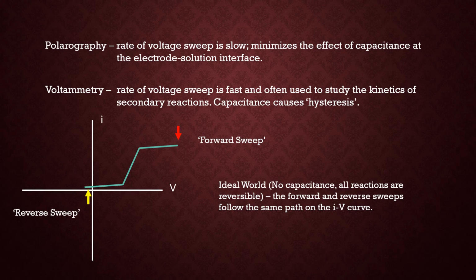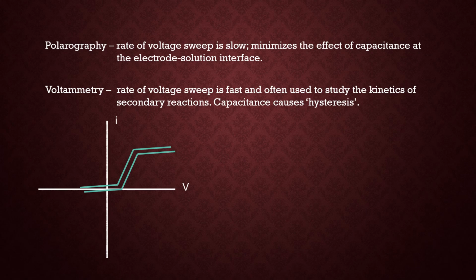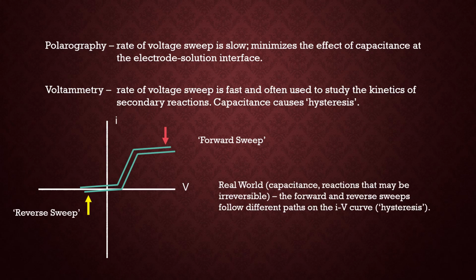The electrode reactions are reversible, and so the forward and reverse sweeps trace over the same current and voltage. There's no gaps, there's no funny business going on. On the other hand, if I have a capacitance effect, I actually see separations between the forward and the reverse sweep. And so the real world capacitance does influence the graphical display of the data. There's actually a shift, and that shift to the different pathways is what we call hysteresis.